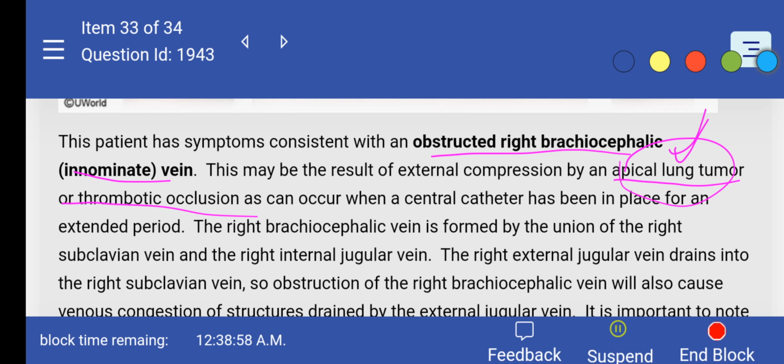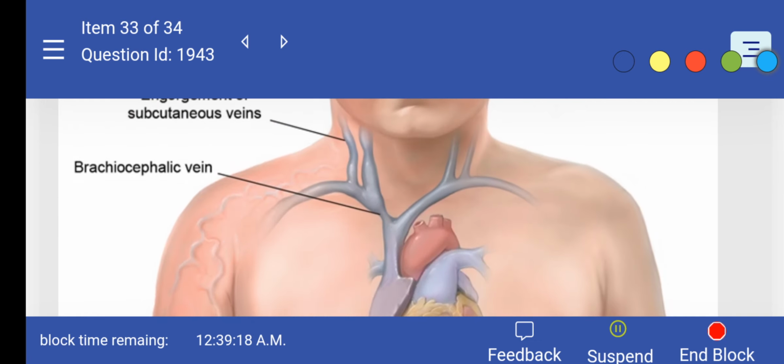The right brachiocephalic vein is formed by the union of the right subclavian vein and the right internal jugular vein. This is the subclavian vein, and this one over here is the right internal jugular vein.